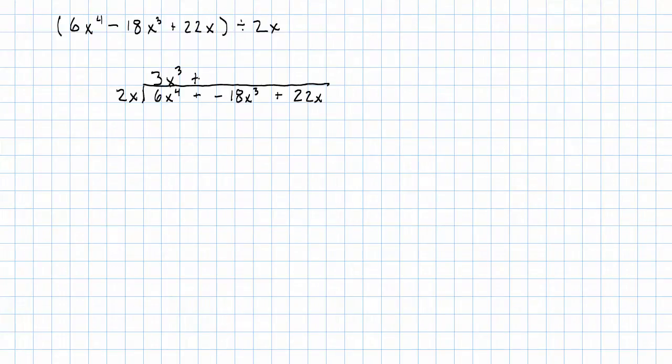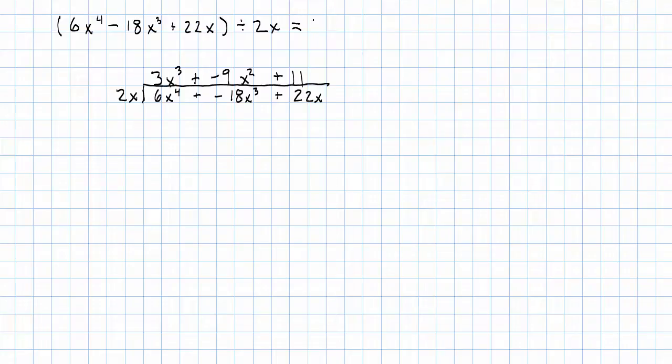Negative 18 divided by 2 is negative 9. X to the third divided by x is x squared. 22 divided by 2 is 11. X divided by x is just 1. I don't need to write that in.